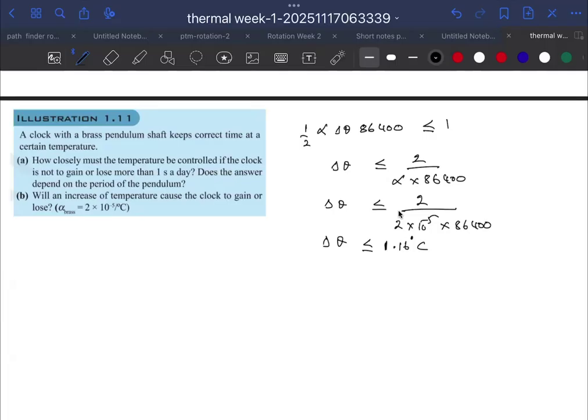The clock runs slow. Now please remember, I'm making it hardcore to remember this: slow, loss; fast, gain. I repeat, a watch running slow means loss.